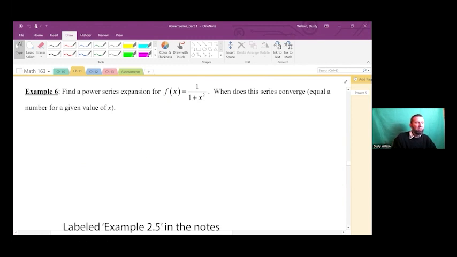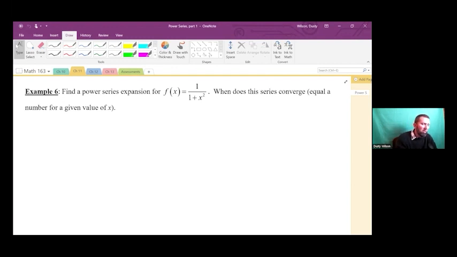Example 6. Find a power series expansion for f of x equals 1 over 1 plus x squared. When does this series converge? That is, equal a number for a given value of x. Now, one thing I'd like to point out is that we really only have one power function tool so far, namely the geometric series.